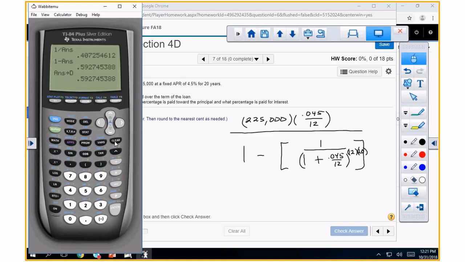So just to make everybody happy, let me go up. What was my 843.75? Was that the top?